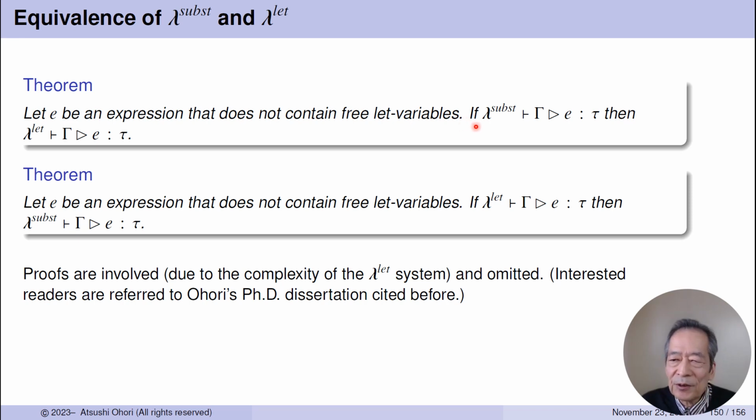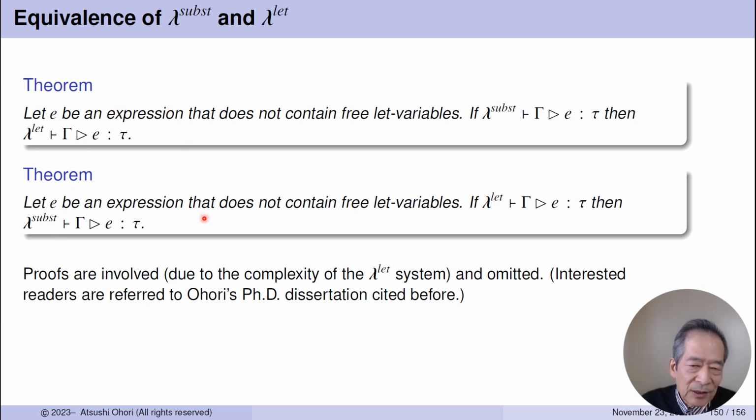Then under this restriction, if this typing is derivable in this system, then the same typing is derivable in the Damas-Milner system. This is one theorem. The other way around, again the same restriction. Let E be a let-variable-free expression, and then if this typing is derivable in this Damas-Milner system, then this same typing is derivable in this subst system.